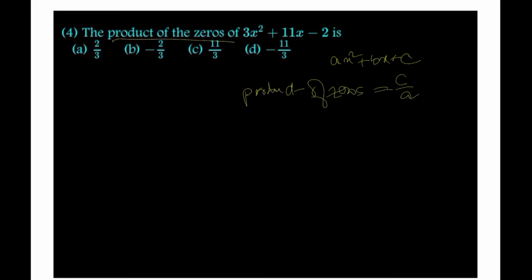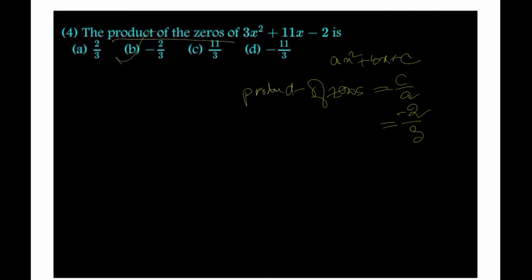As you can see here, 3 is the coefficient of x squared, that is a. Let me write, a is equal to 3 and c is equal to minus 2. So the answer is minus 2 divided by 3. So option B is the correct answer.